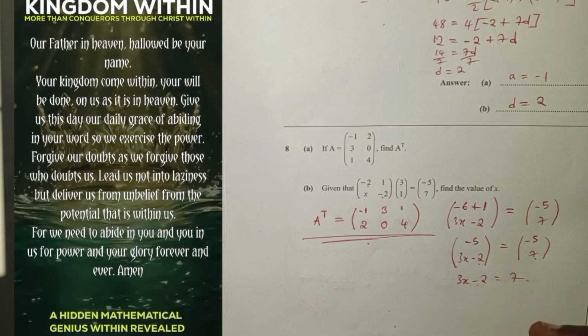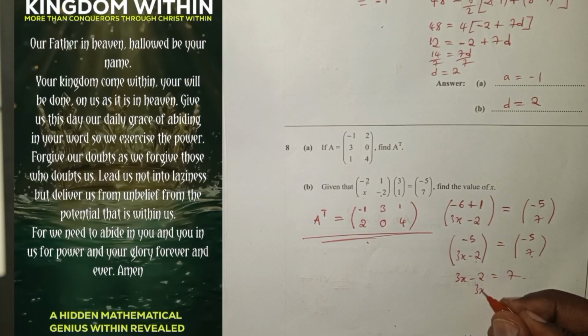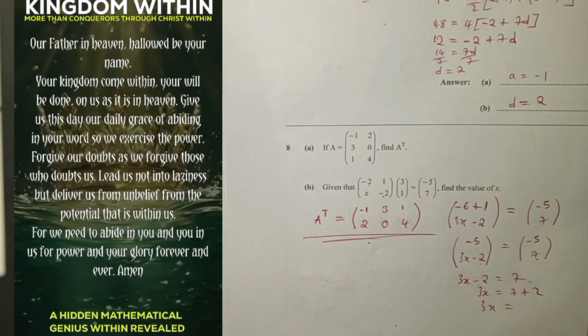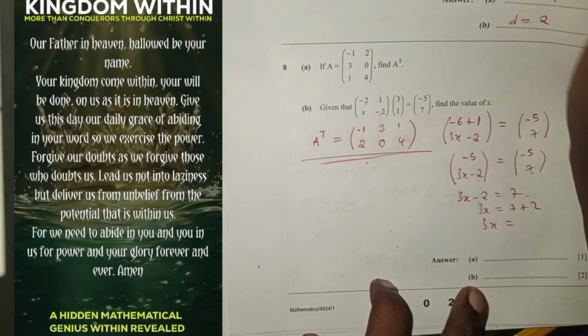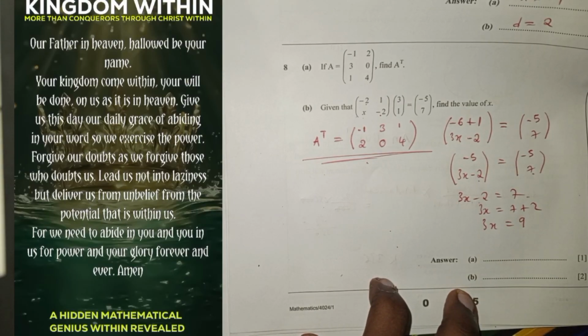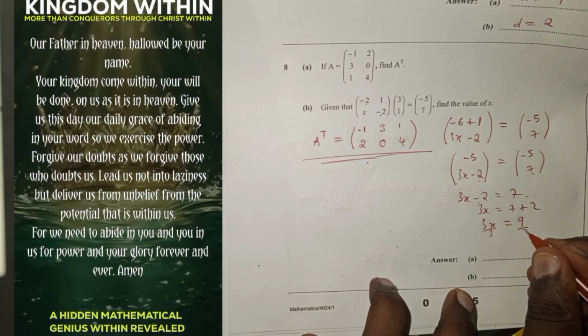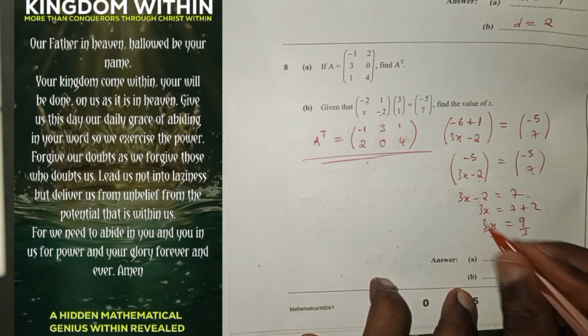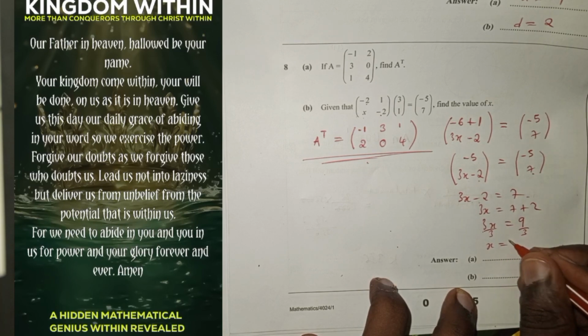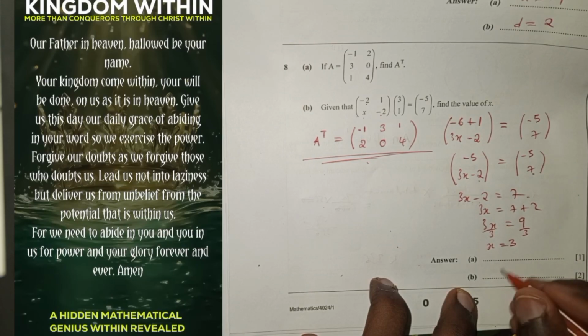Here it's minus, this side it will be plus. So 3x is equal to 7 plus 2, which is 9. Okay, then since we are solving for x, it's just a matter of dividing 3 to both sides of the equation. So over 3, over 3. So here we remain with x is equal to 9 divided by 3, you get 3. So x is equal to 3.